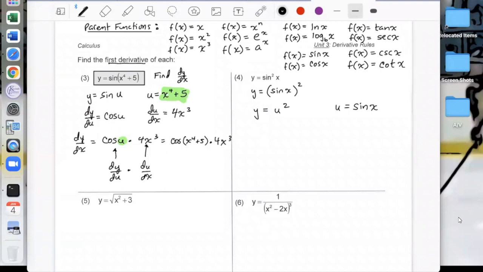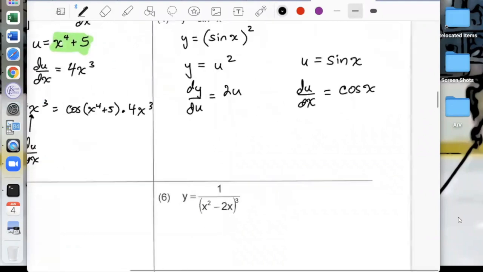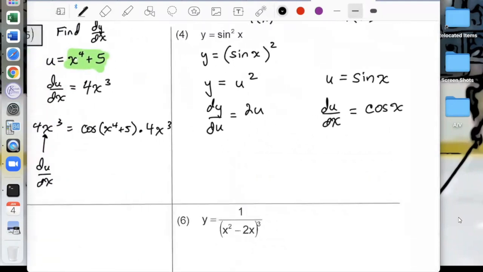Very easy to differentiate. So dy over dx, I'm sorry, dy over du would be 2u. And du over dx would be cosine of x. Then you start thinking about streamlining the process. Since you know that you're going to multiply those two ratios together, and you know in that process you're going to swap out the u for what it really is, combine the steps.